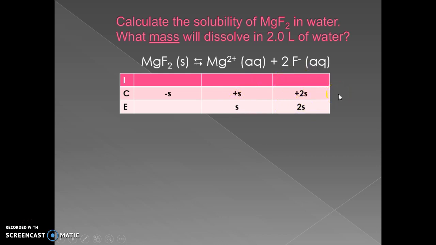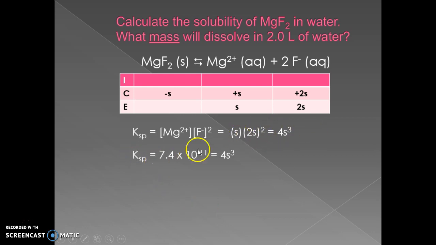So that's going to make your KSP expression a little more complicated. So I have S for magnesium, I have 2S for fluoride, plus remember, I've got a 2 here, so I need to square it. So again, I really have 4S squared times S, which is 4S cubed. So then KSP is equal to 4.7 times 10 to the negative 11.